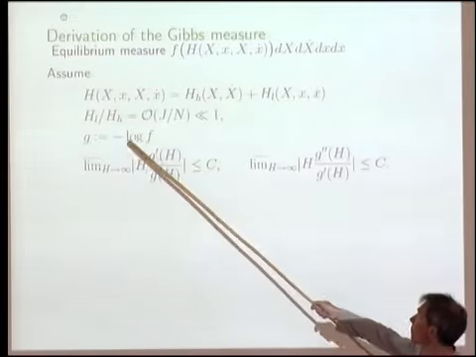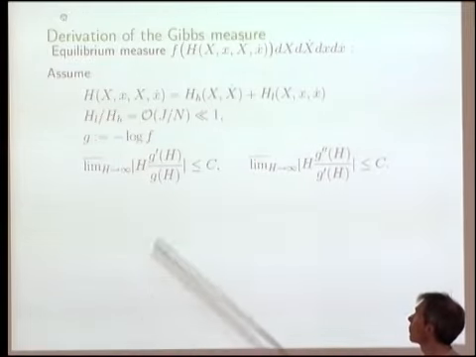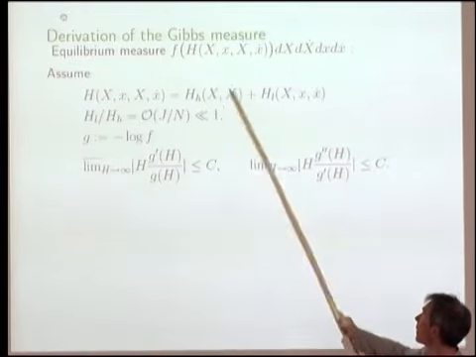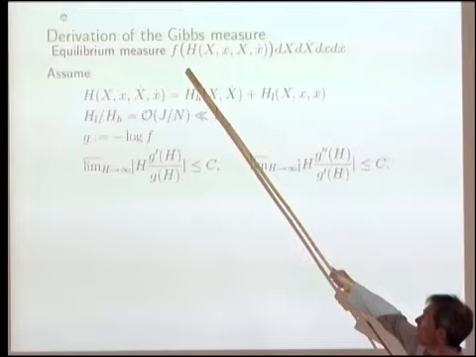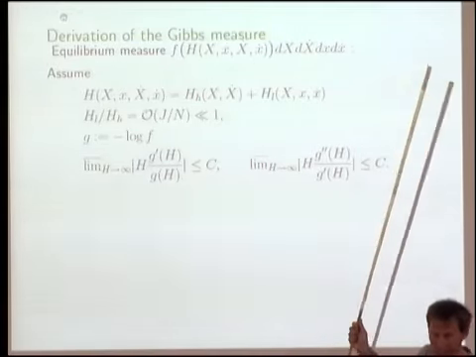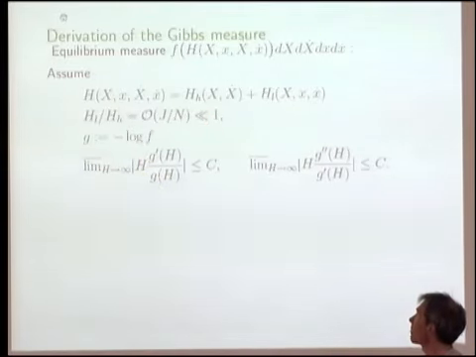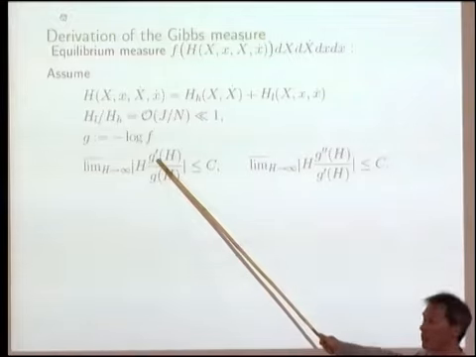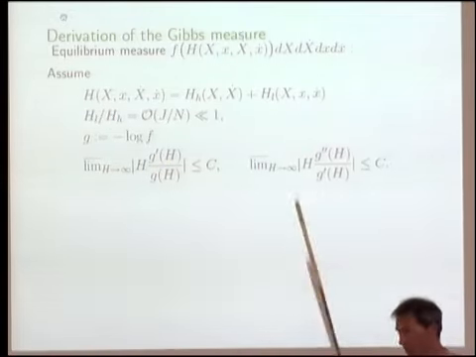And then we assume that you have more energy in the heavy than in the light, so more particles in the heavy than in the light. And then we take G to be the logarithm of the equilibrium. We take any positive equilibrium, and then we let G be the logarithm. And then we assume certain things about the derivative, that it should be bounded. So if G is a polynomial, for instance, this is satisfied.